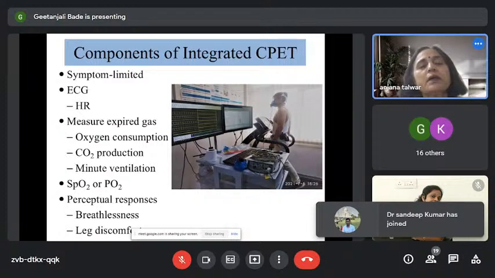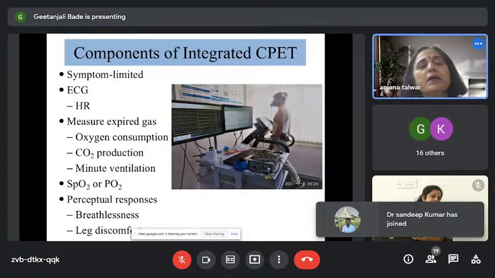To know whether the patient who comes with dyspnea has a cardiac cause, a pulmonary cause, or some other peripheral cause responsible for dyspnea, we can do cardiopulmonary exercise testing, and also for exercise-induced bronchoconstriction. This topic, as I said, is being done at present in our lab, and Dr. Nishchay will be able to tell you more about how he is assessing it at the time of demonstration.